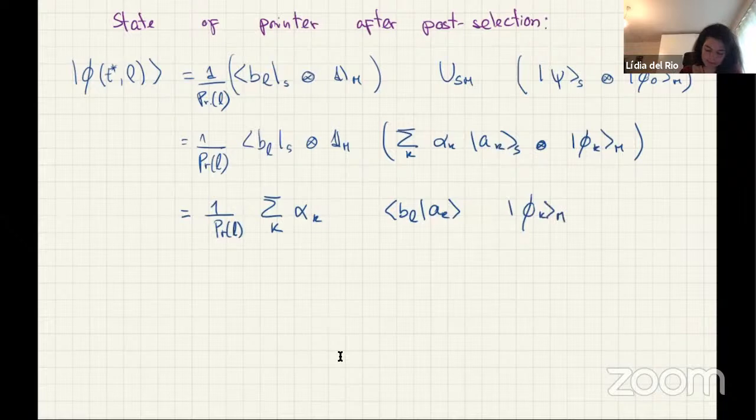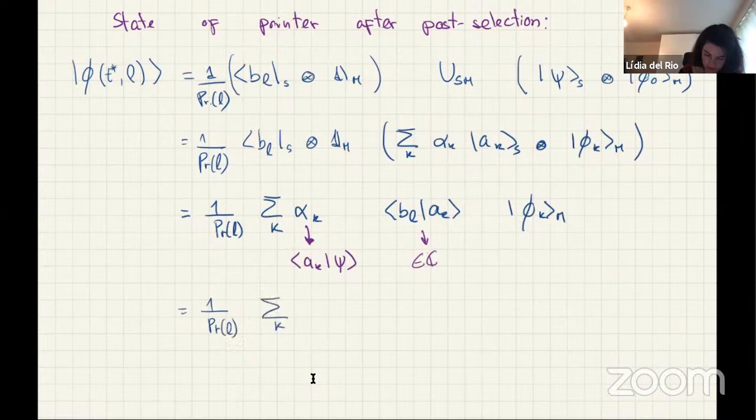Okay. Now, remember what we said about this outcome. So this is just AK in the initial state, right? And this is also just a number. Okay. So let's just rewrite this. Probability of L, which we don't know yet.